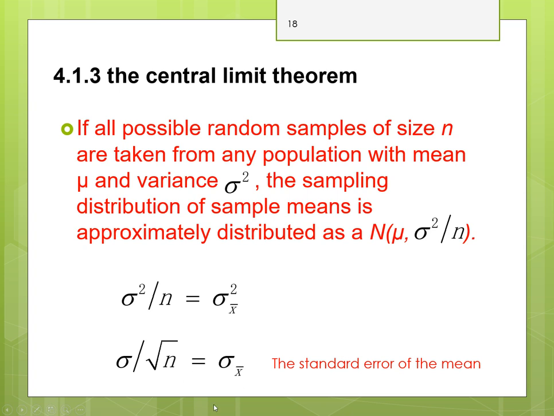We can use sigma X bar to represent the standard deviation of X bar, and this symbol has another name. We call it the standard error of the mean, or most often just standard error. So sigma X bar is different from sigma. Sigma is the standard deviation. Sigma X bar is the standard error. From the latter formula we know that the standard error equals sigma over square root n.